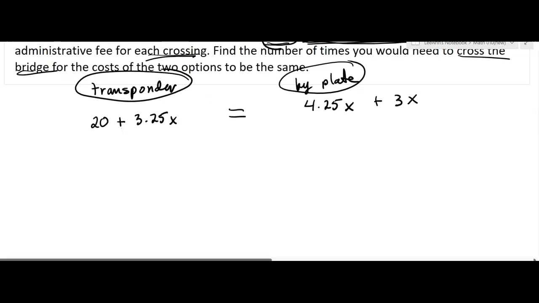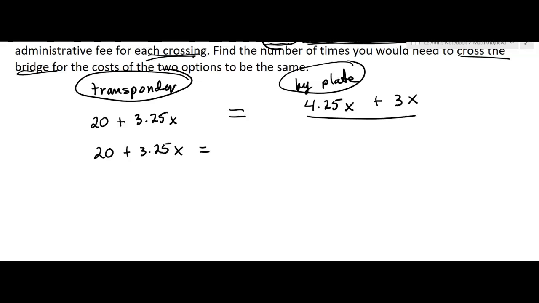Now the left is going to be 20 plus 3.25x equals, but here these are like terms. We can add those together. So if you think in terms of money, 4.25 and 3, that's going to be 7.25x, right? They're both x terms. Okay, so let's get x on one side.